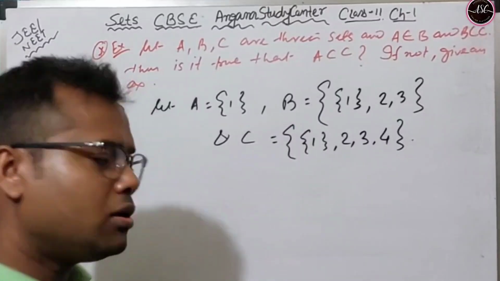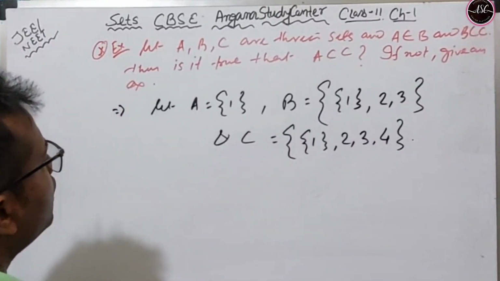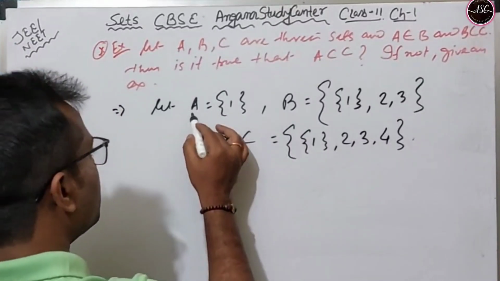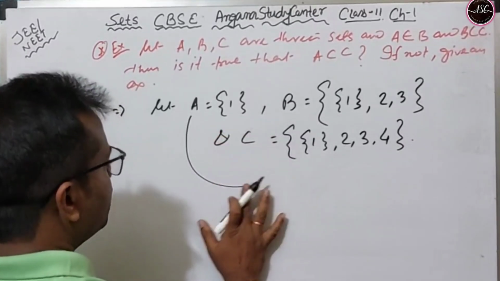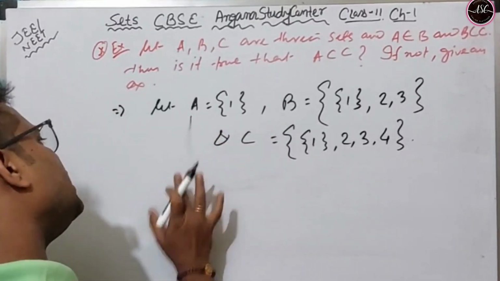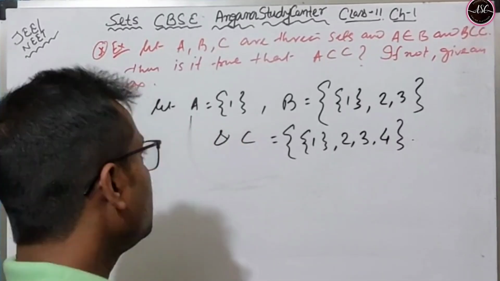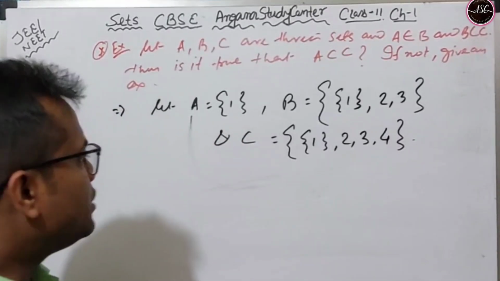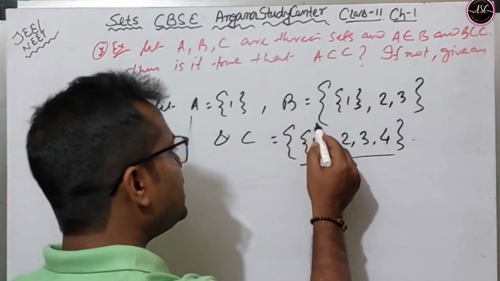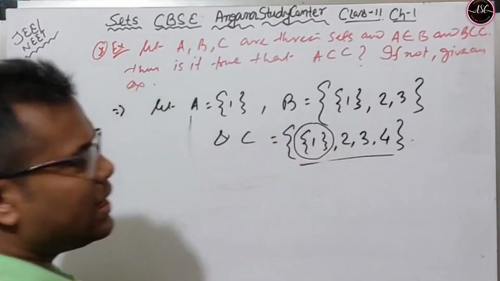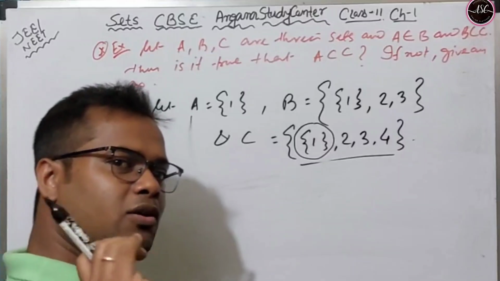Assumptions are complete. Now here, what is the element of A? 1 is not present in C. This is set A, but not the element 1.